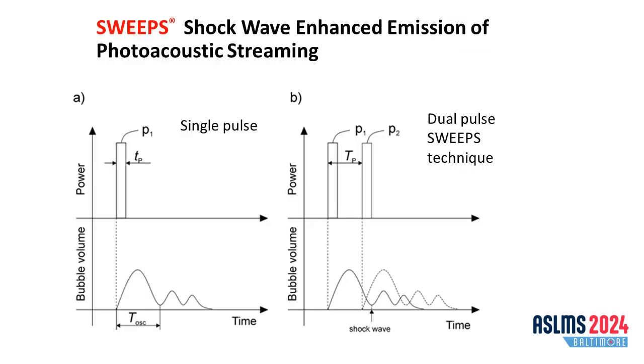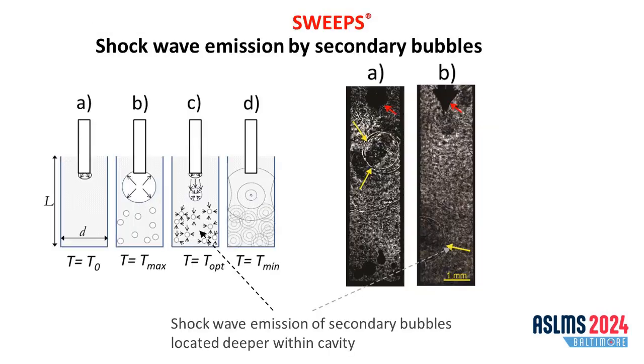The idea was to introduce dual pulse, an additional pulse following the first pulse. As the bubble develops, and there are usually some secondary bubbles also formed, when the first bubble starts collapsing, we emit another laser pulse.